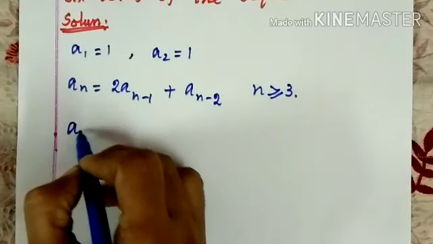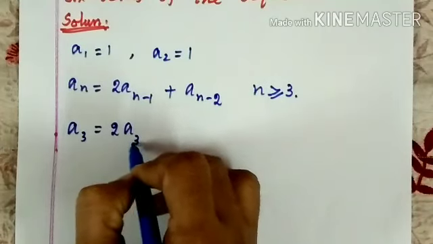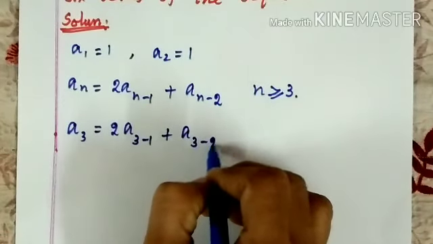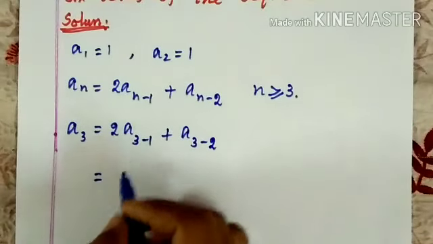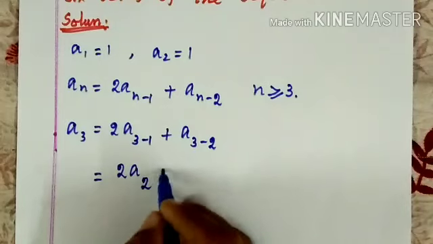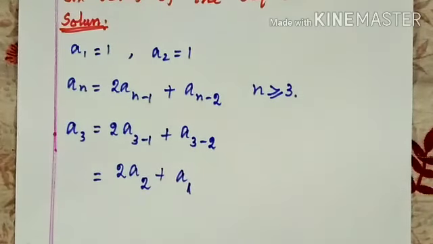That is A3 is equal to 2A(3 minus 1) plus A(3 minus 2), that is equal to 2A2 plus A1.